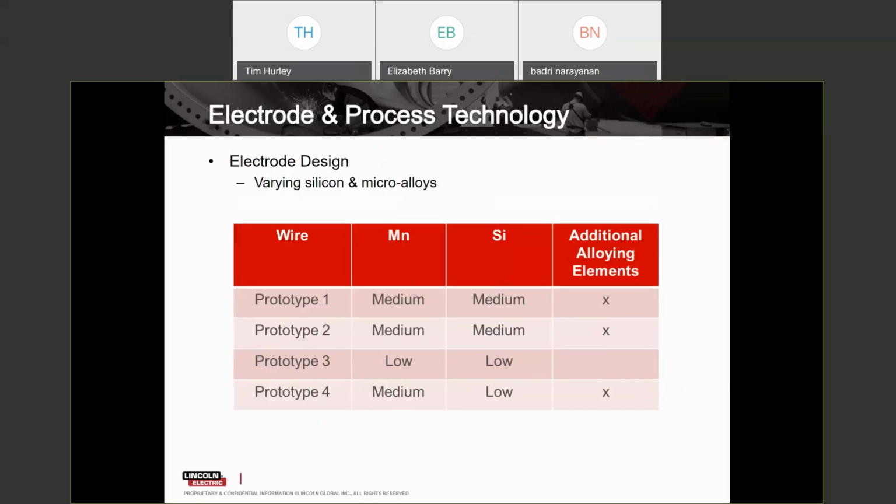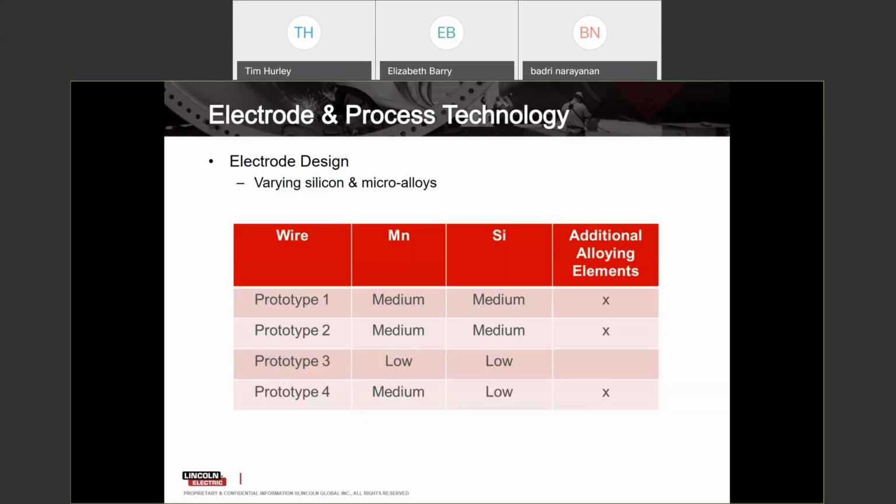So for the electrode design, we looked at a small DOE where we obviously looked at the critical deoxidizers which are added to these types of wires, which is manganese and silicon. But we also looked at several microalloying additions to the design, which would affect both the deoxidation process as well as the surface activity of the silicate islands on the surface of these welds.